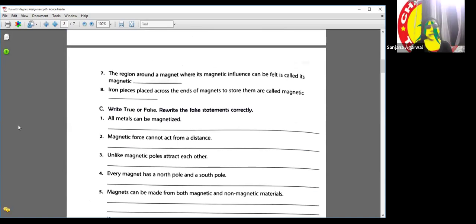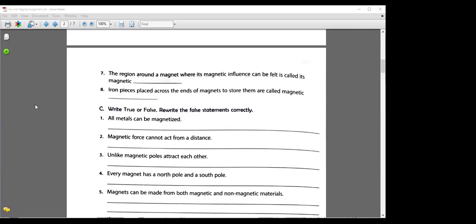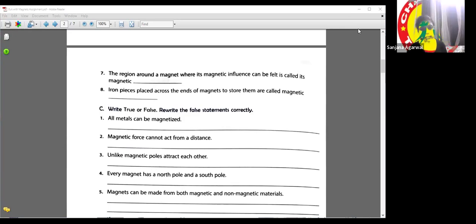The region around a magnet where its magnetic influence can be felt is called its magnetic field. Nobody has written the answer.